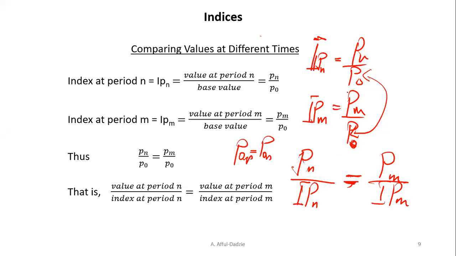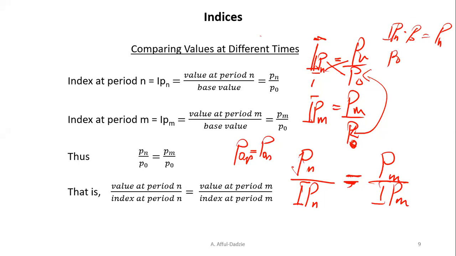Now, for those of you who don't understand what I did, all I did was just cross multiply. So this is going to be IPN times P0 equals PN. And because I want to make P0 the subject, I'll divide both sides by IPN.